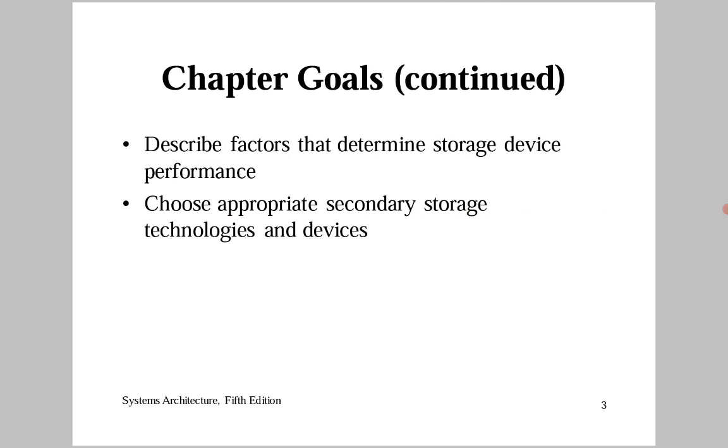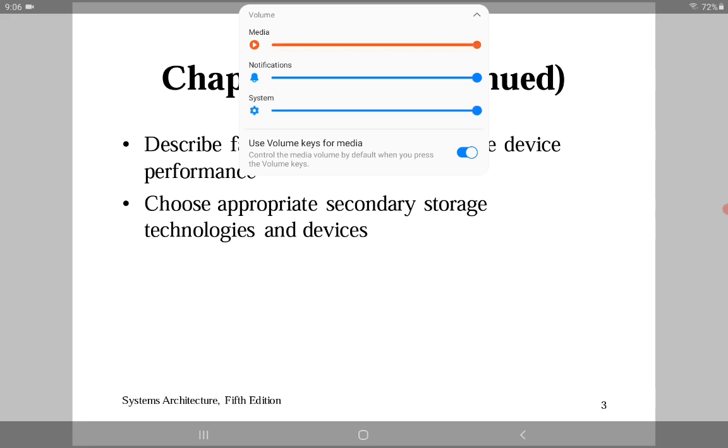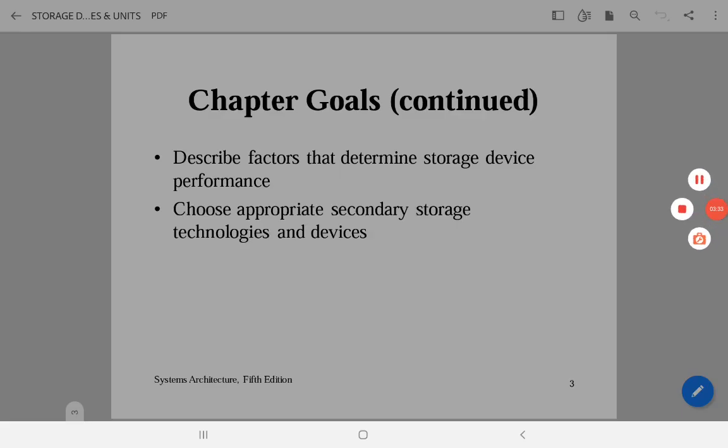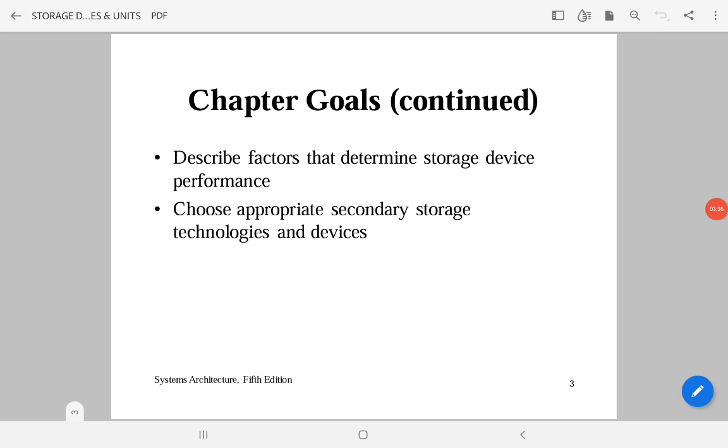Similarly, we may describe factors that determine storage device performance, means how the primary and secondary devices and memories perform, and choose appropriate storage technology and devices, means choosing various types of secondary devices and memories based on the requirements and user specifications.